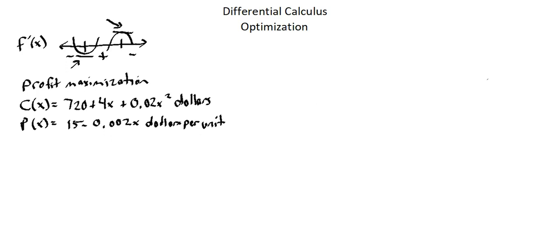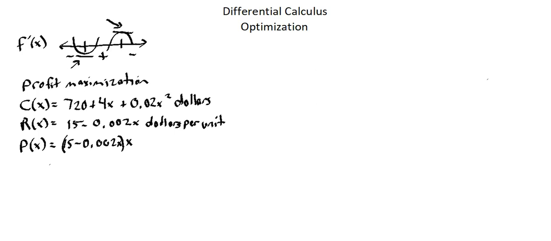So I'll update the name of the revenue function to R of x. Since I have the revenue function for 1 unit, I will create a new function, the profit function, and that's going to be all revenue, which is (15 minus 0.002x), all multiplied by x. X is the number of units that I'm going to produce, and the output of the revenue function is dollars per unit of revenue.